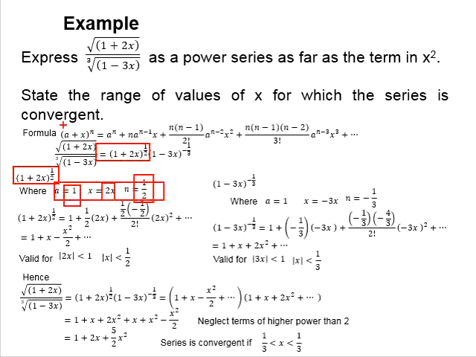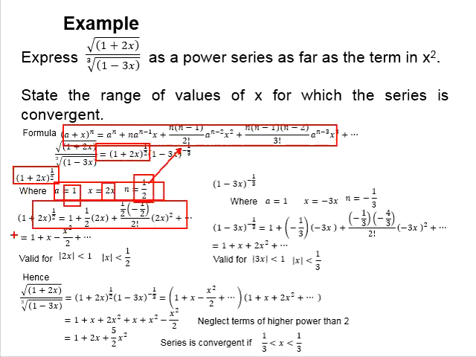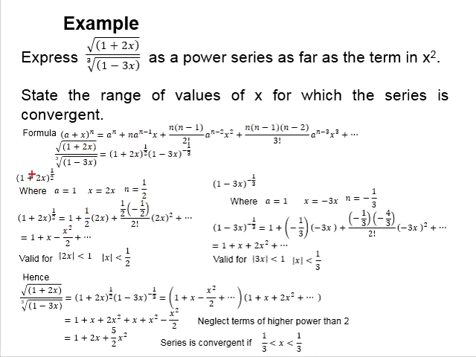Substitute the relevant values into the formula, you will get this, and simplify it, you will get this. The valid range will be: this has to be more than -1 and less than 1, which can be written in the form of modulus 2x less than 1, where modulus x will be less than 1/2.